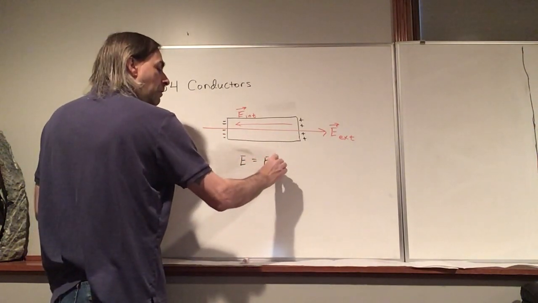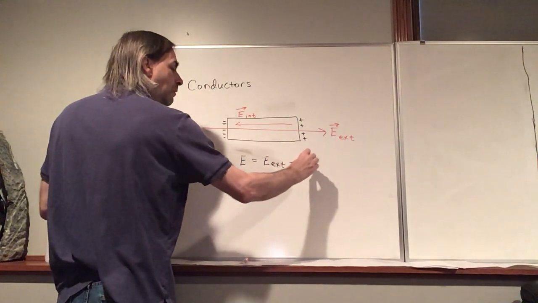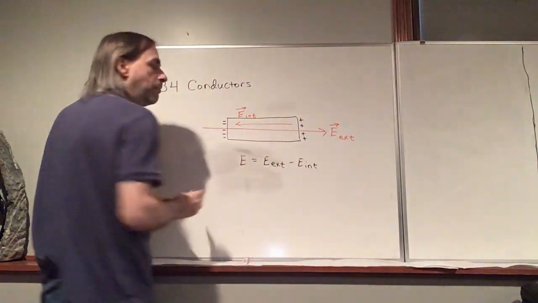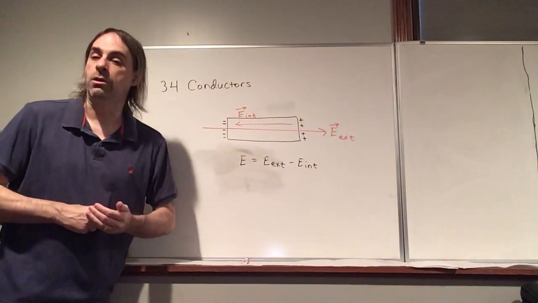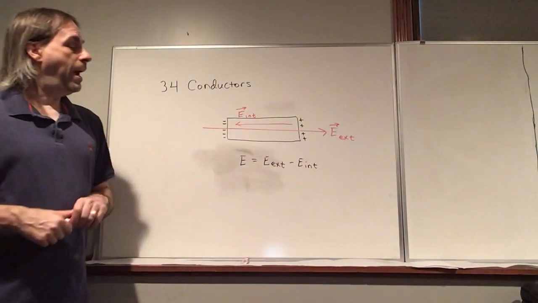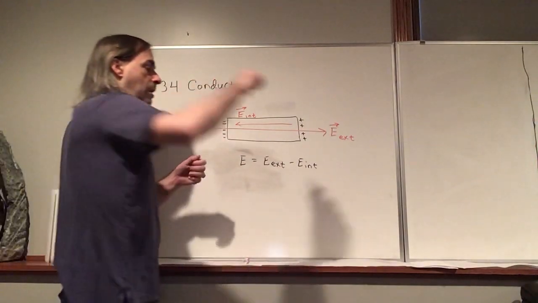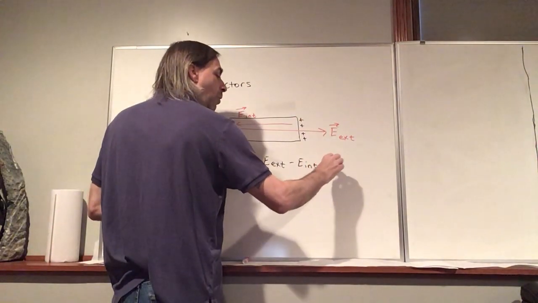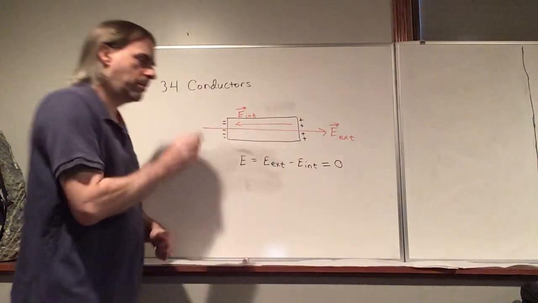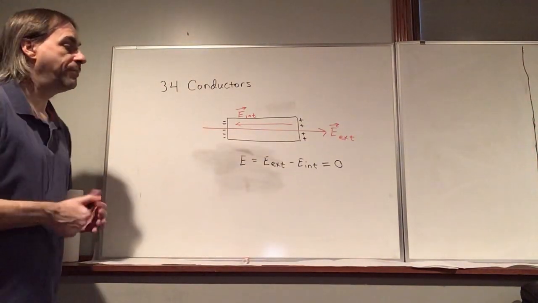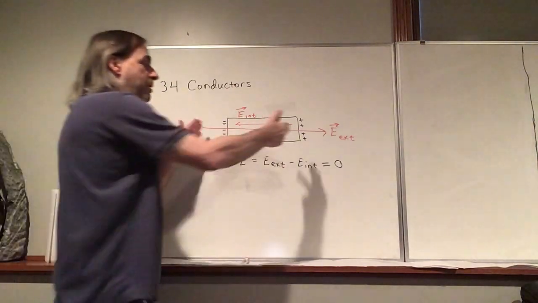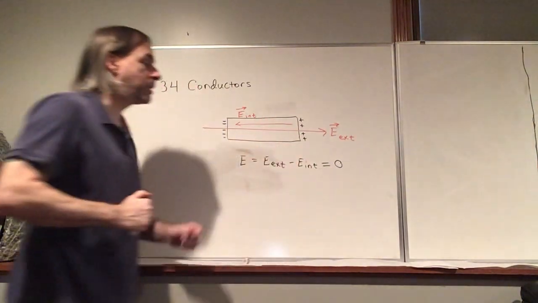That would be the magnitude of the external field minus the magnitude of the internal field. And I'm just going to state this is going to be 0. I'll talk more about that in a minute, because it's not always true. But basically, if you just set up an external field, this is what's going to happen.